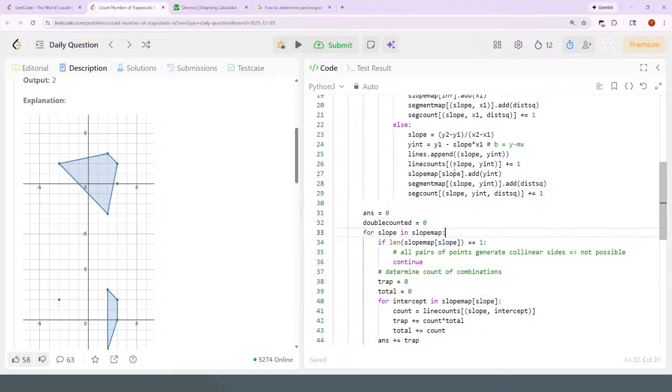So for every intercept, same distance. So I guess I need to know the previous counts of... I do need to redo this calculation.